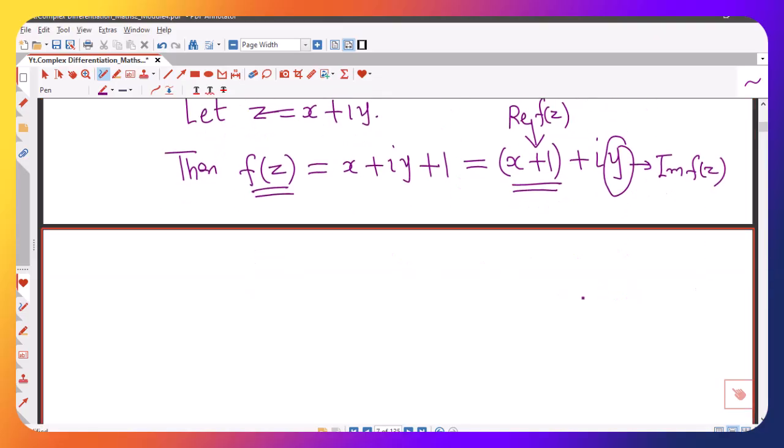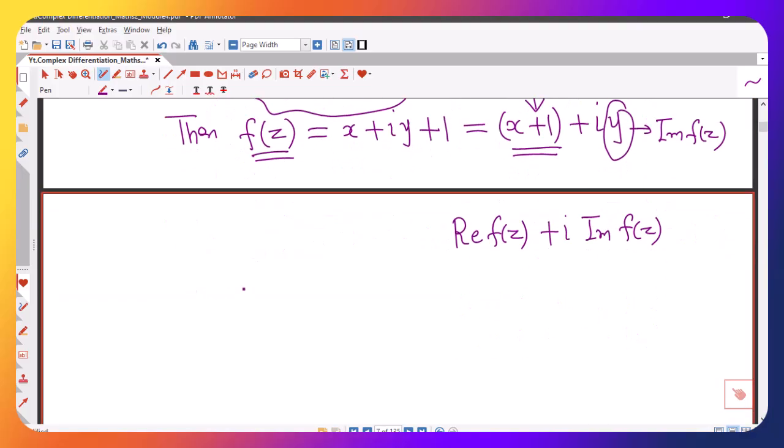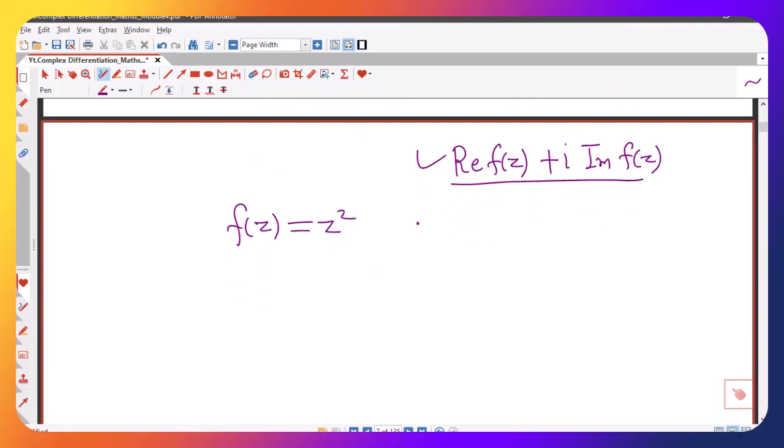So every complex number can be written in this form: real part of f(z) plus i times imaginary part of f(z), by taking z equal to x plus iy in the given formula of the function. For example, if we consider f(z) equal to z square and want to write it in this form, then we take z equal to x plus iy in the formula.